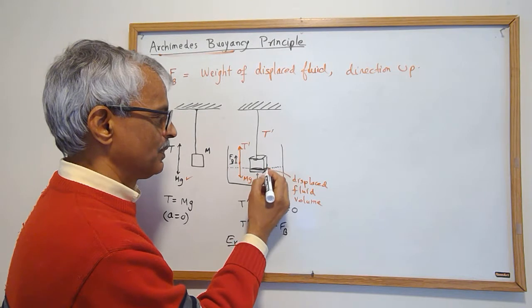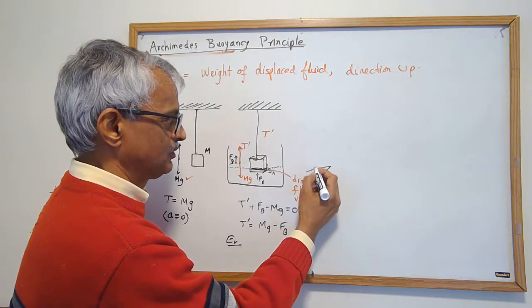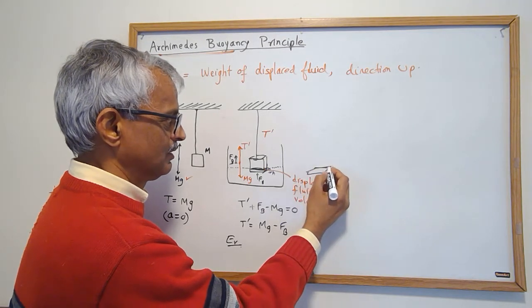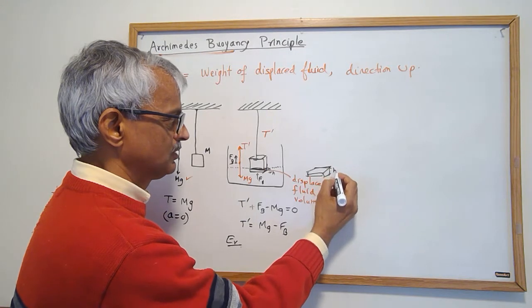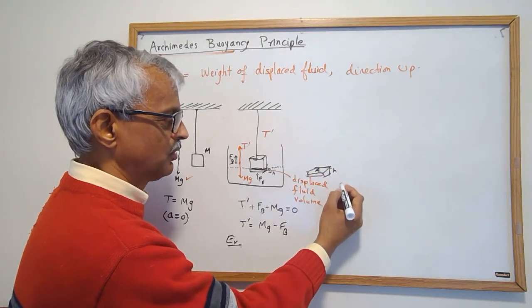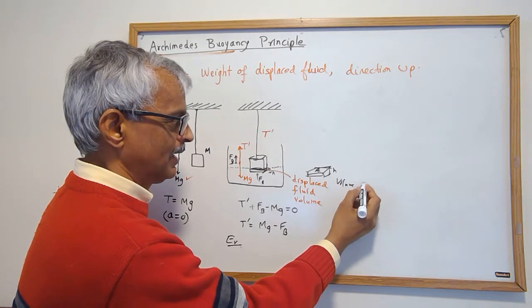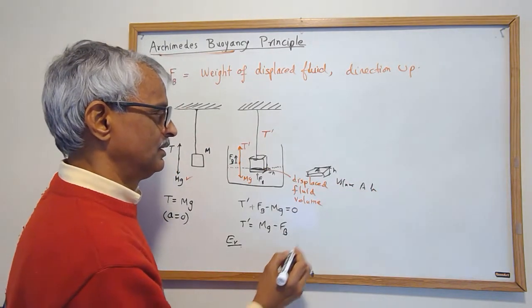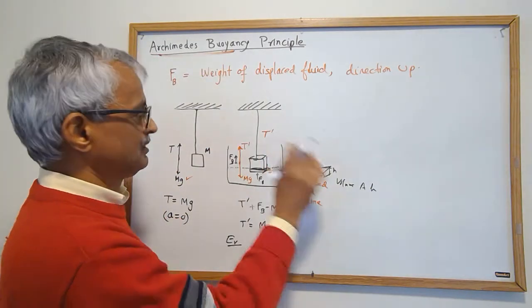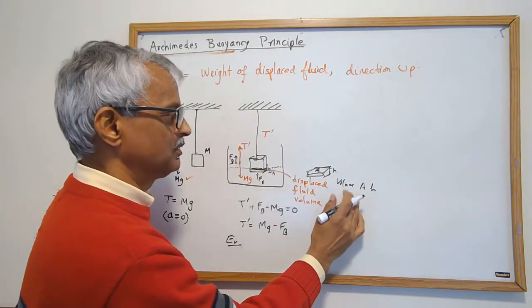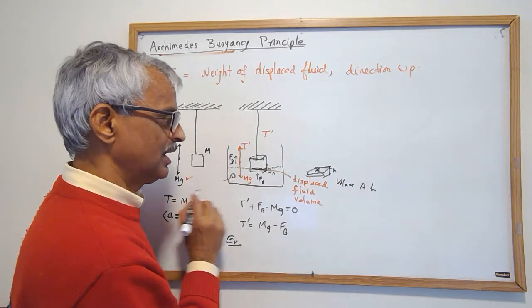So the displaced fluid is actually the shape of a parallelepiped, where the height is h and the area is A. So the volume will be A times h. We want Fb, which is the weight of this fluid, so I need to multiply this volume by the density of the fluid. We use the letter rho for that.